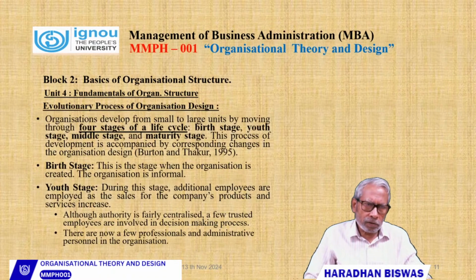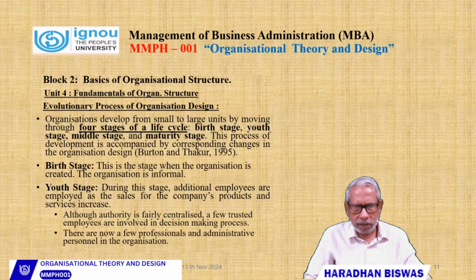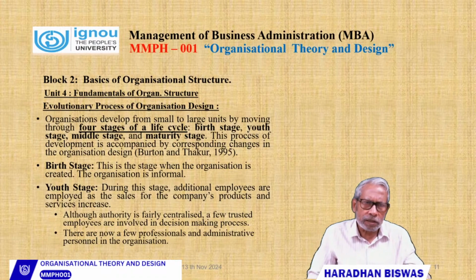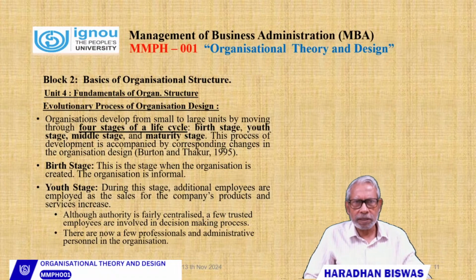Then the evolutionary process of the organization: how it has come, what the basic phenomena behind it are. The organization develops from a small unit to a large one by moving through four stages. Any organization has four stages; we can call it the business life cycle. There are product life cycles and business life cycles.